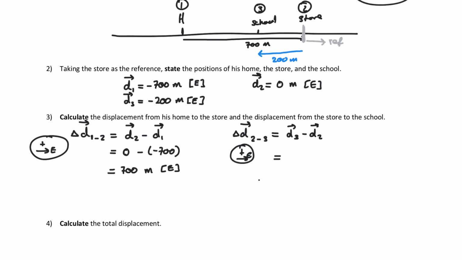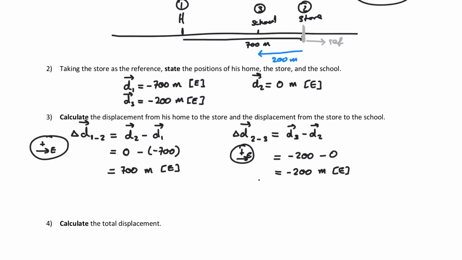And my third position, based on this value, is negative 200. So it doesn't matter which reference point you're choosing. In this case, I'm just being consistent and using store as the reference. And I'm going to subtract the second one. Second one is 0, and that's going to be negative 200 meters in the east direction.